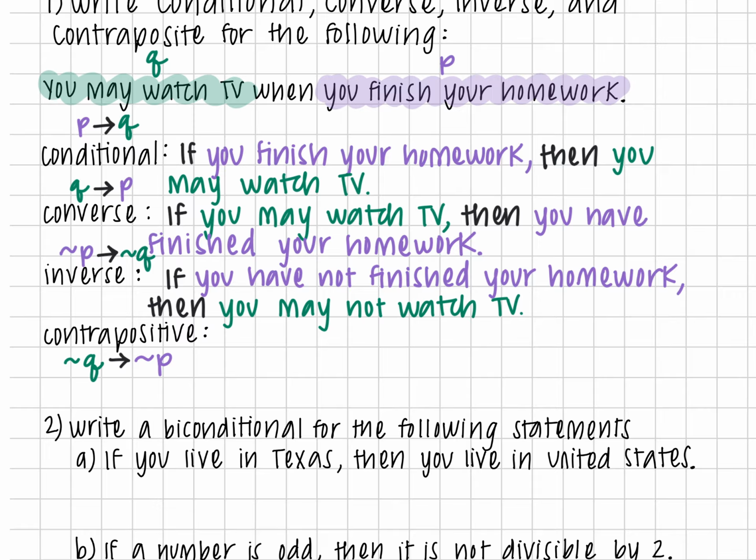So I'm going to start off with my if, and then I'm going to look at the conclusion for that statement. You may not watch TV is what I'm going to start off with. Then, and I'm going to pick up with the hypothesis that has already been negated. You have not finished your homework.